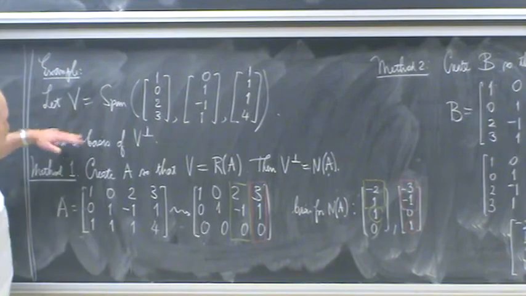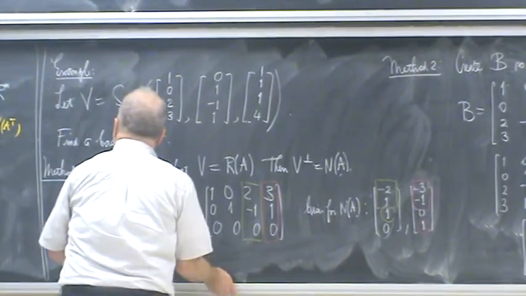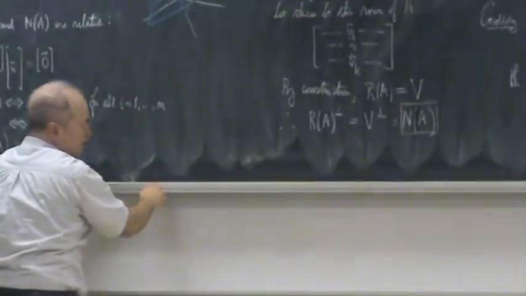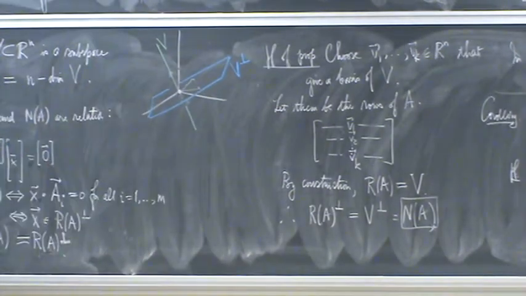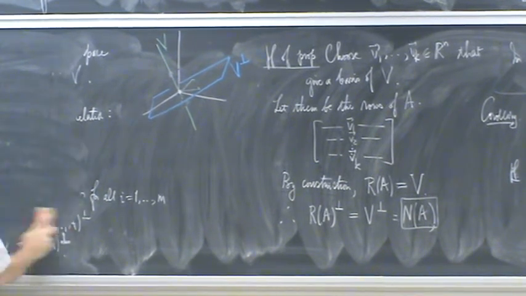So if I could phrase this a different way, I could ask you, rather than saying find the basis of the perp, I could hypothetically ask you for a system of equations that A satisfies, that B satisfies.